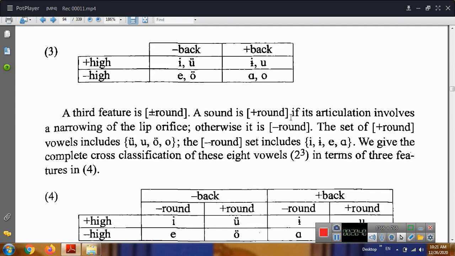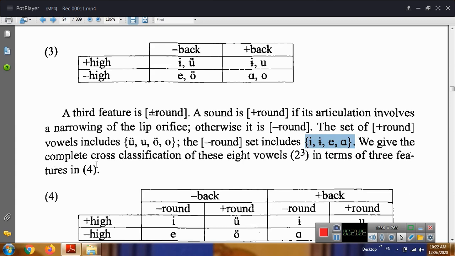If its articulation involves a narrowing of the lip orifice, it is plus round, otherwise it is minus round. The set of plus round vowels includes u, u, u. The minus round vowels include e, e, a, for which our lips are spread.